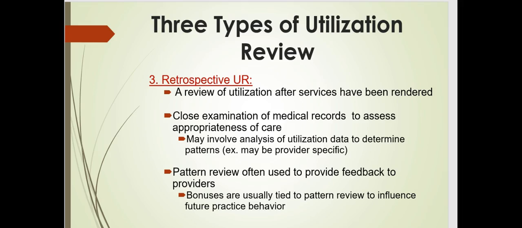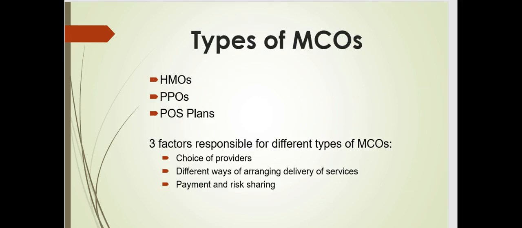Now, next I will be jumping to the slide that covers types of managed care organizations. All right, so here are the three types of managed care organizations that I'll be going over: HMOs, PPOs, and POS plans. Now, an HMO stands for Health Maintenance Organization.